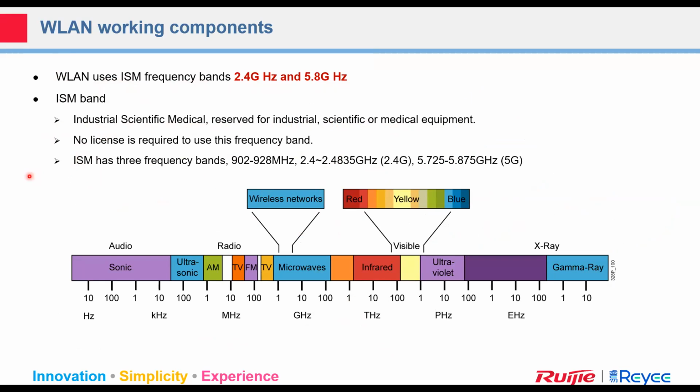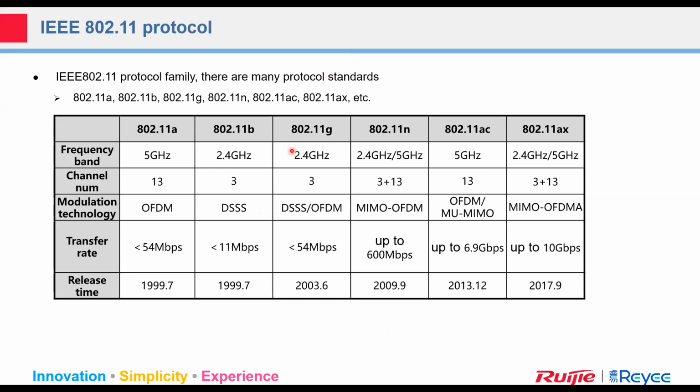They have three different frequency bands. So here is the wireless network. This is just a brief introduction of the wireless frequency band.